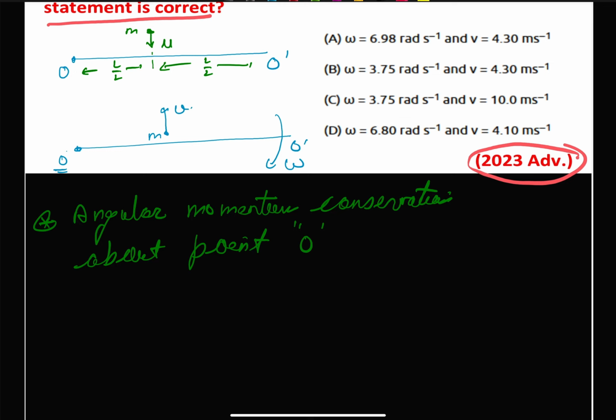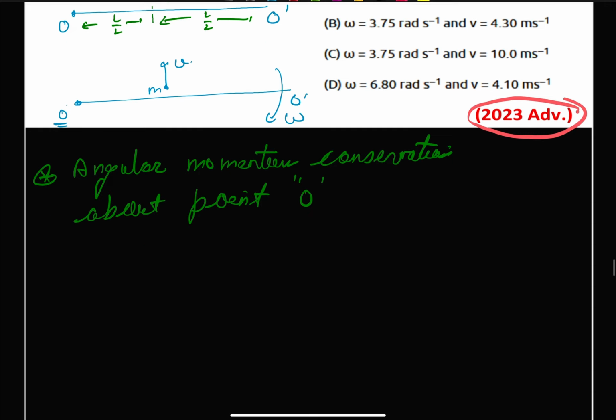And we are going to start with our moment of inertia about point O, which is equal to I is equal to 1 by 3 ml square. So we are going to have two situations.